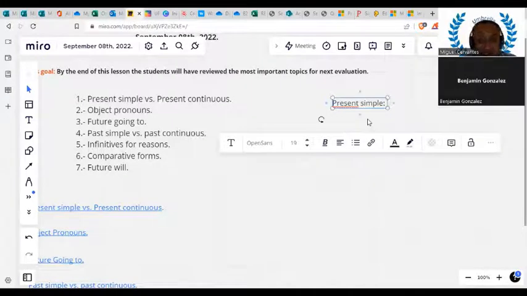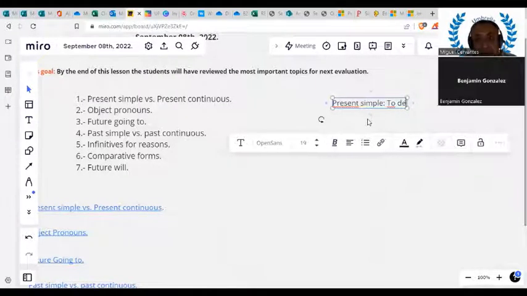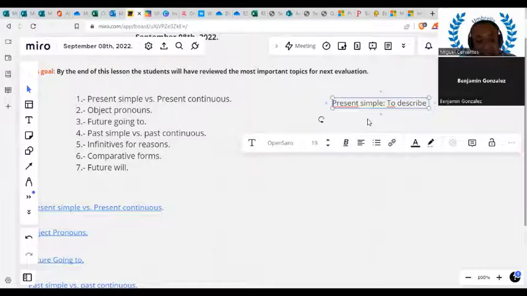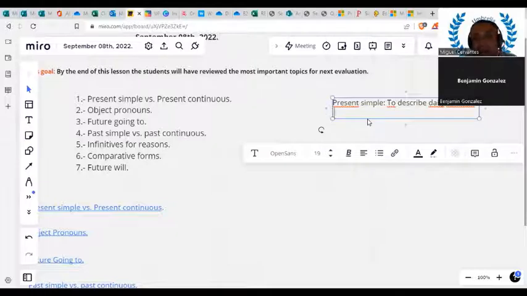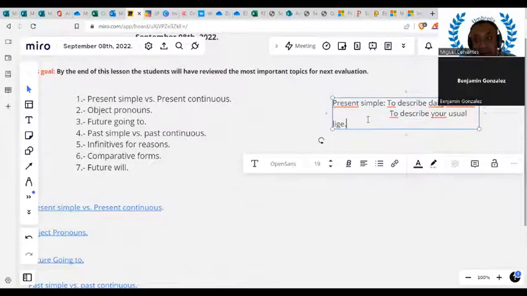Present simple is used to describe, I'm going to write there, okay, to describe daily routines. Basically, to describe your usual life.